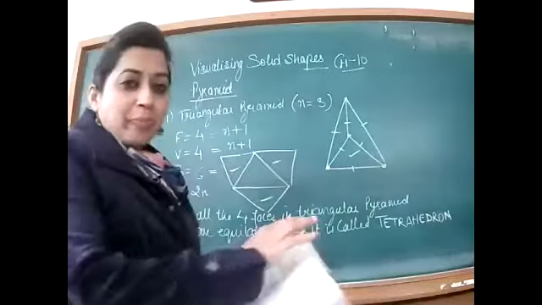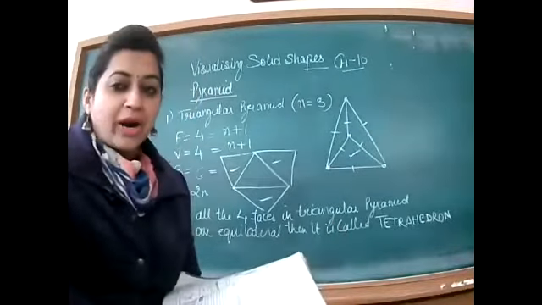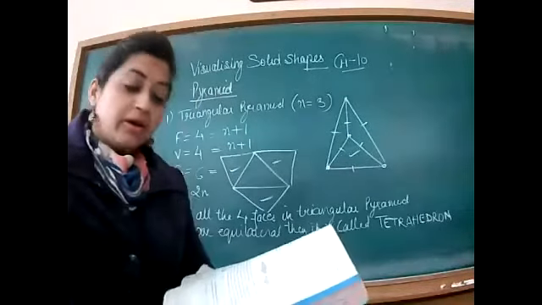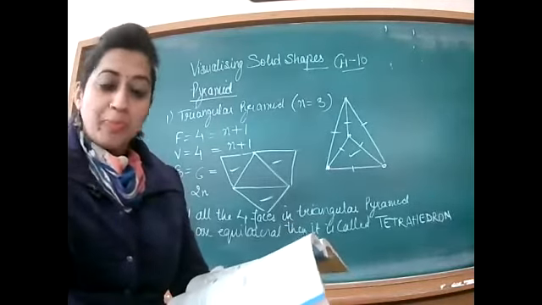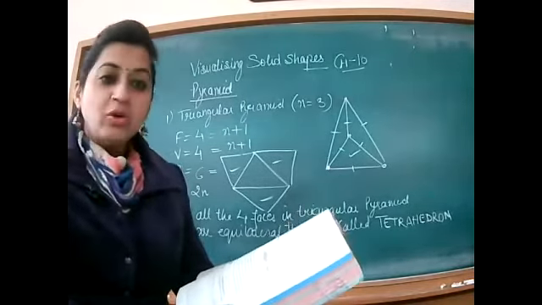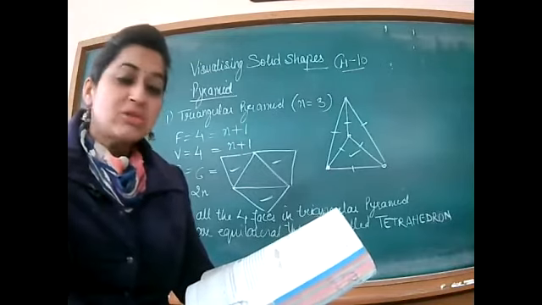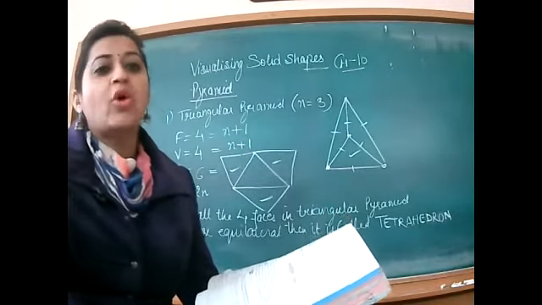Before starting this topic, triangular pyramid, you need to write the definition of pyramid that is given on page number 165. So pyramid is a polyhedron whose base is a polygon and whose lateral faces are triangles with a common vertex.